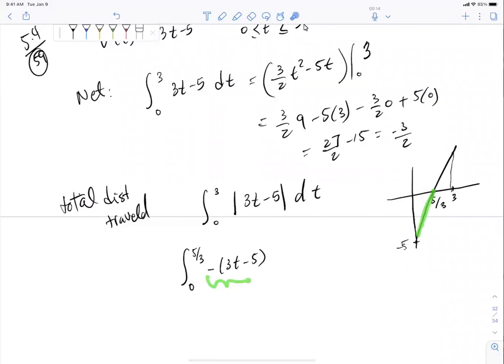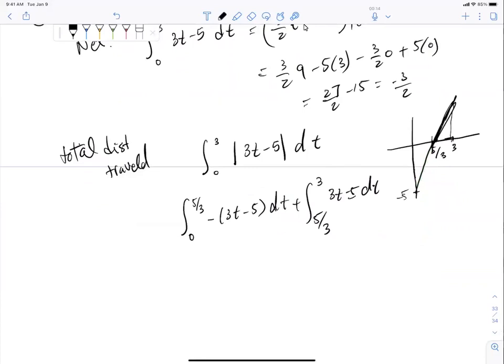That would make it positive, hence the absolute value, dt. And then from 5/3 to 3, just 3t minus 5 was good because from 5/3 to 3, you're already above the x-axis. So you negate the part that's below the x-axis to make it positive and keep the part that's above the x-axis alone.